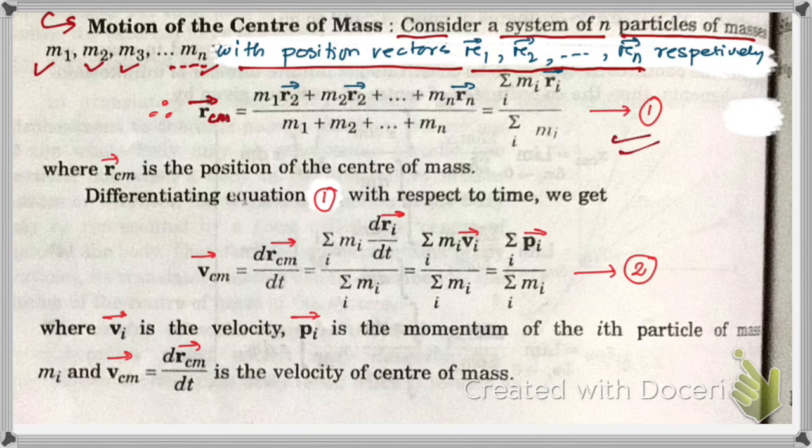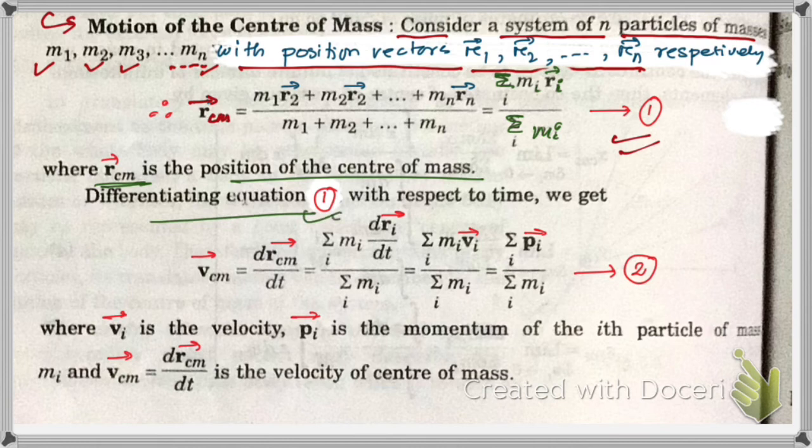Here you have the summation of mi ri vector divided by the summation of mi, right? So hope you have understood this. This ri is the position vector of the ith particle. So this is the position vector of the center of mass.